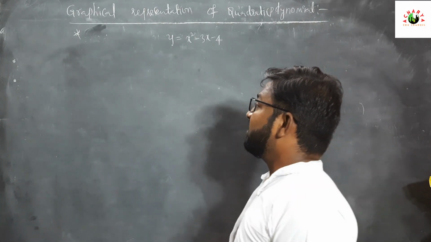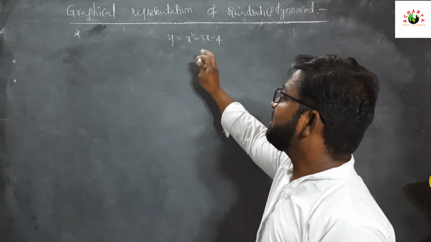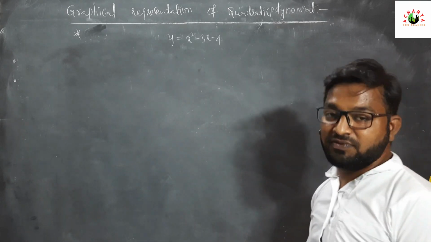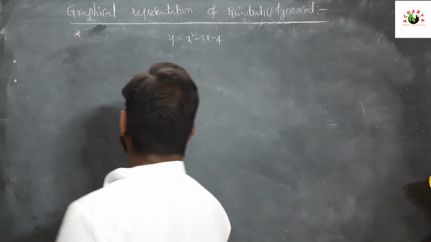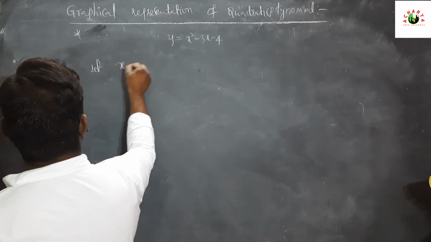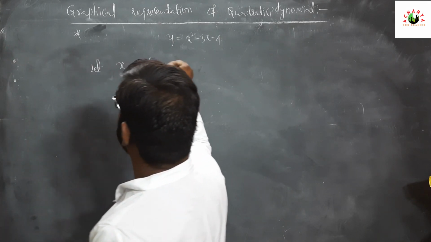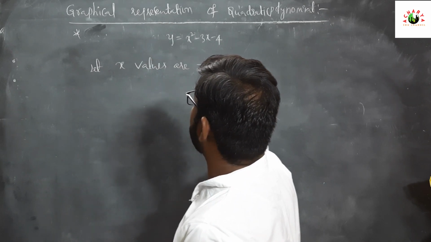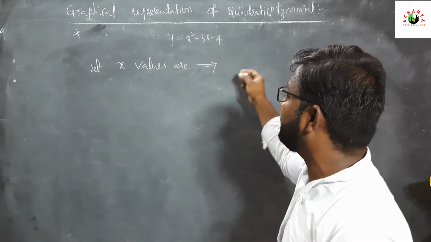So y is equal to x square minus 3x minus 4. We are taking the values of x first, some positive values and some negative values.